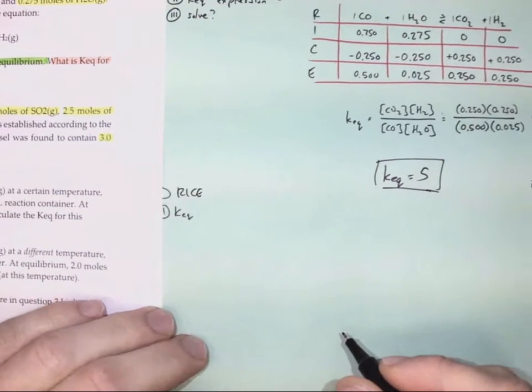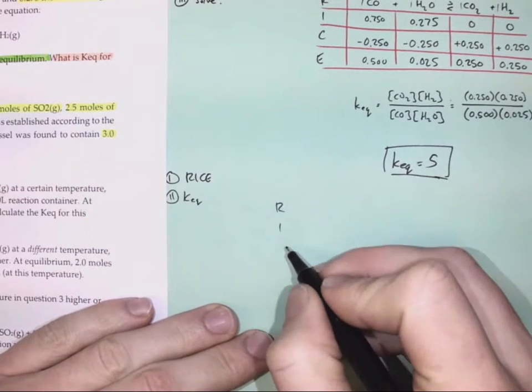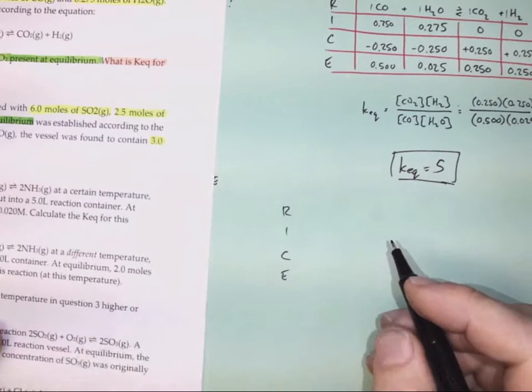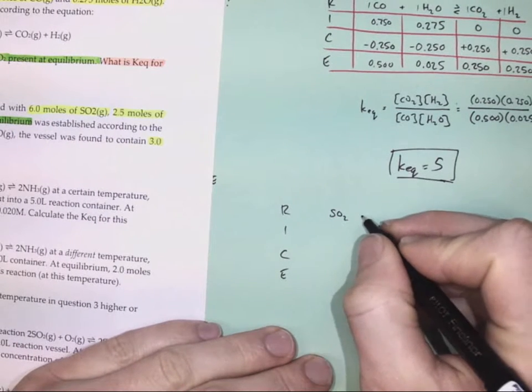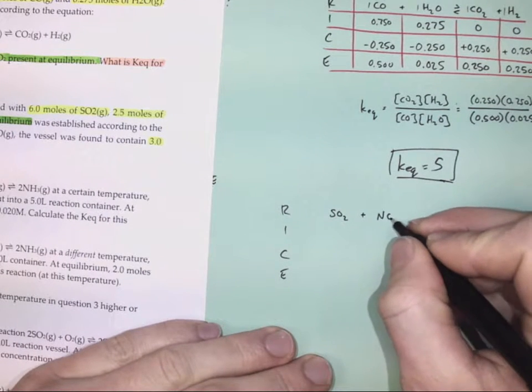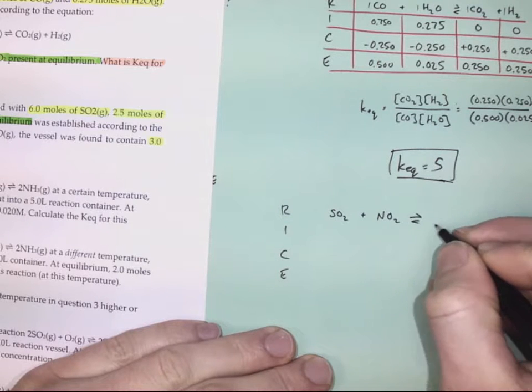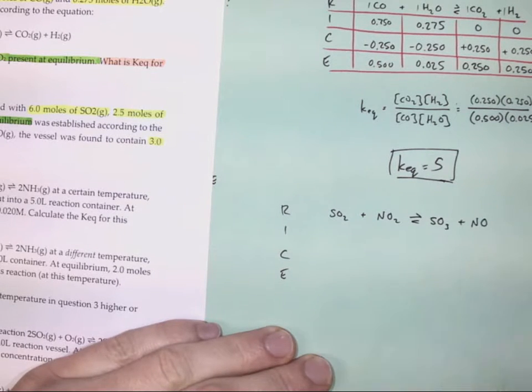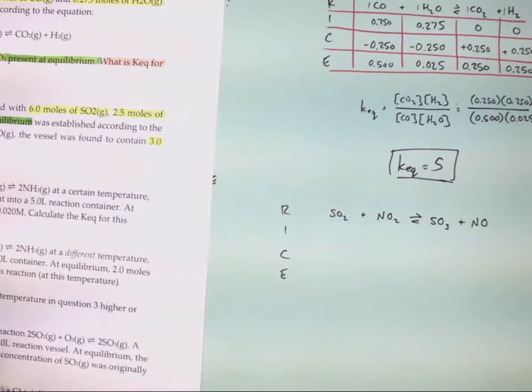All right, so start with a rice box. And the reaction here is SO2 plus nitrogen dioxide, and that is in equilibrium with sulfur trioxide and nitrous monoxide. Okay, and we've got some initial concentrations we're given here.